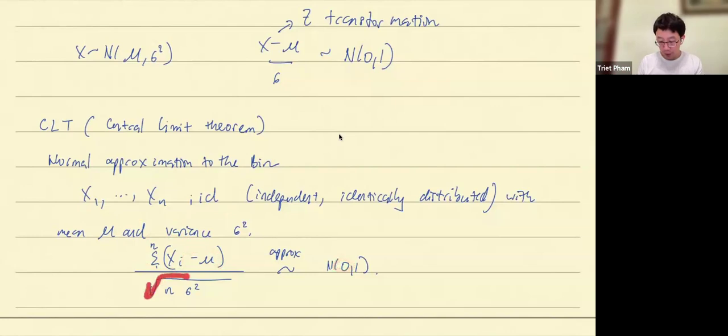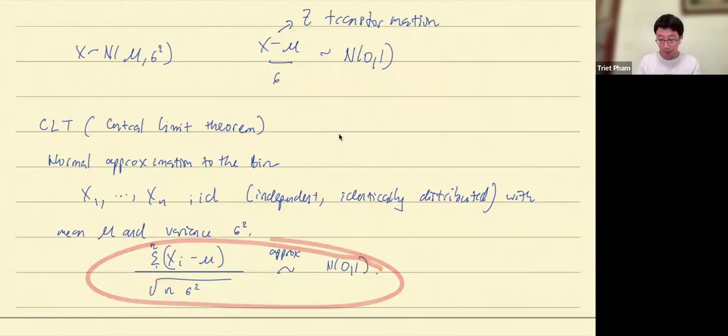The division by square root of sigma square individually makes each of these random variables have variance 1. But if you sum the random variables, the variance gets summed. That's why you have to divide by n for the variance, or you divide by square root of n for the standard deviation. So that's why this is that.